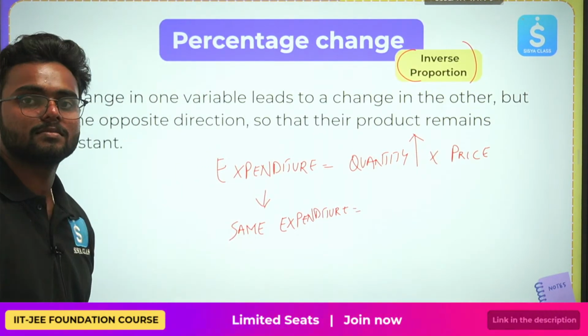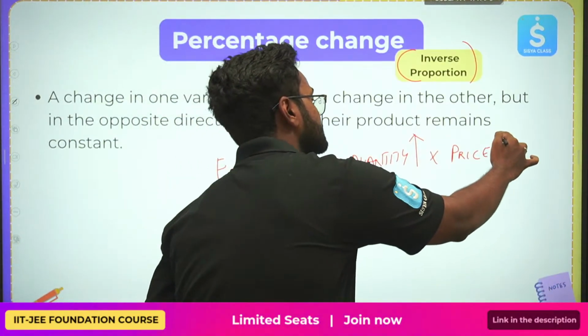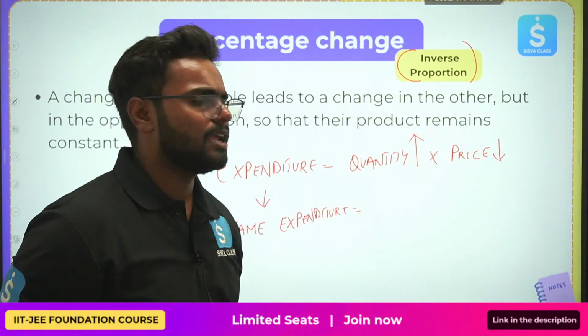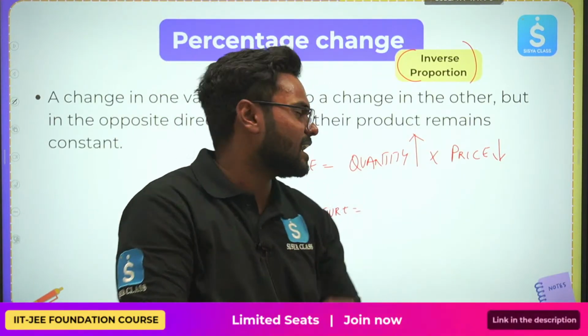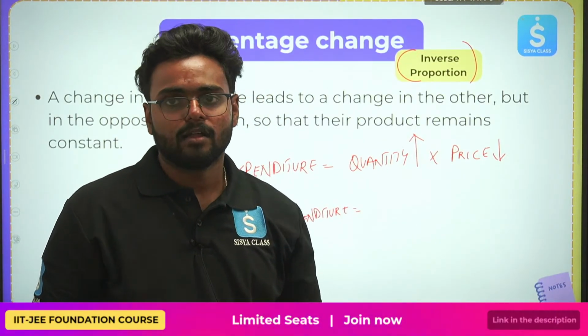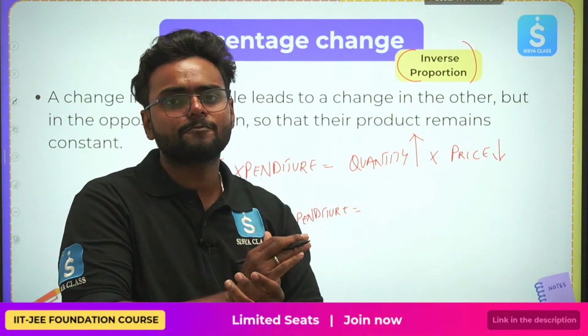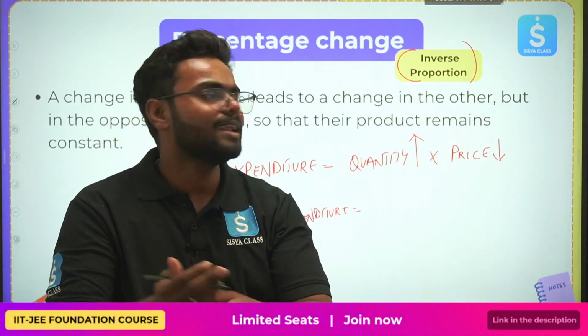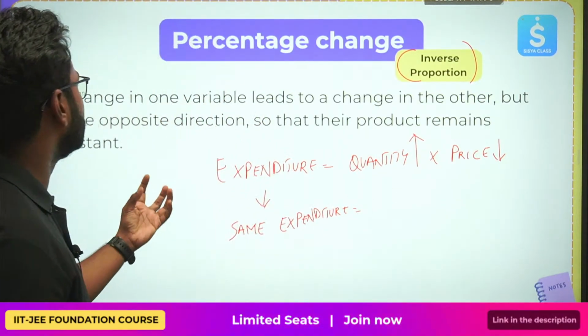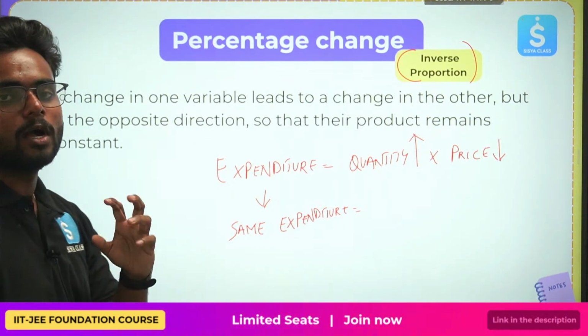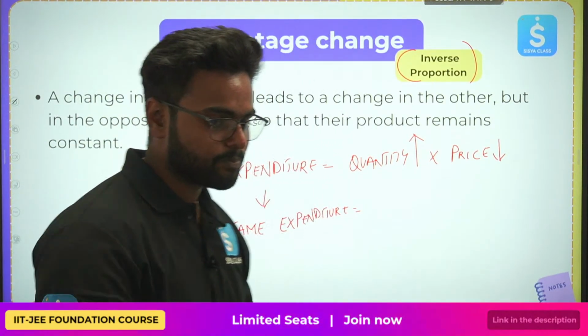How can you do this? By reducing the price, right? Or reverse, if the price is increased and you want to keep the same expenditure, you will reduce the quantity, right? If the prices are increased and you want to spend the same amount that you used to spend, you will reduce your consumption. Consumption is reduced. So, this is what inverse proportion of percentage change means, right?